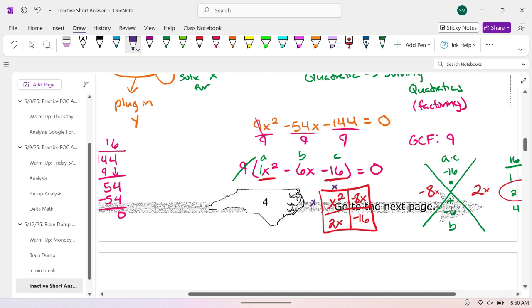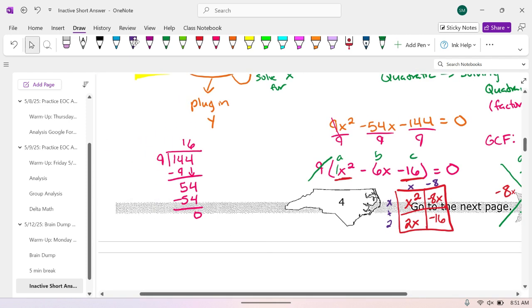X times x, good. So now it's really easy once we get that step over with, because what times x gives me negative 8? Negative 8. What times x gives me 2x? Positive 2. So my two factors, x plus 2, x minus 8 equals 0.